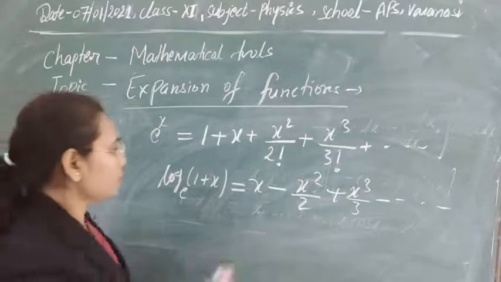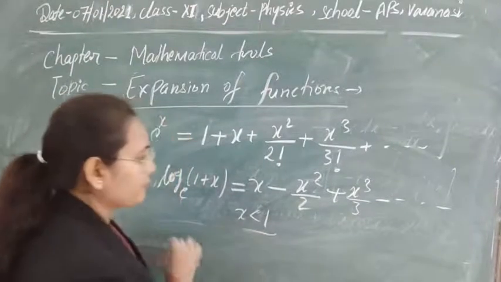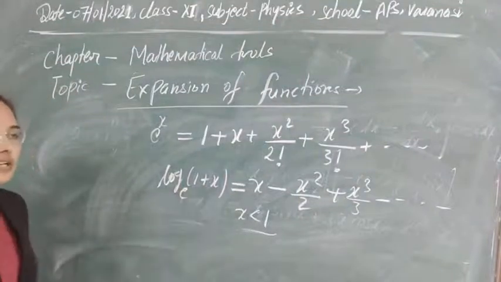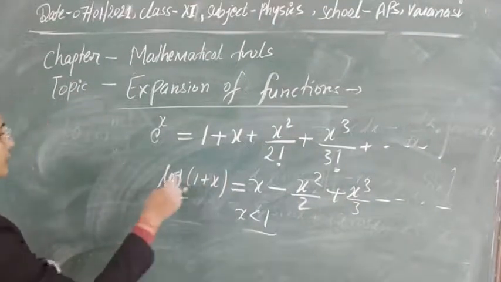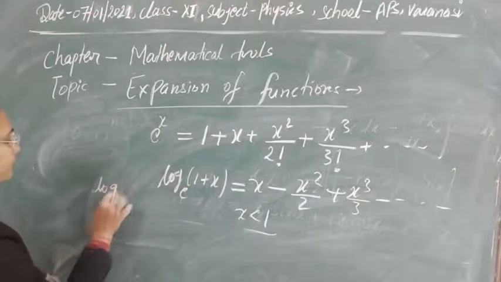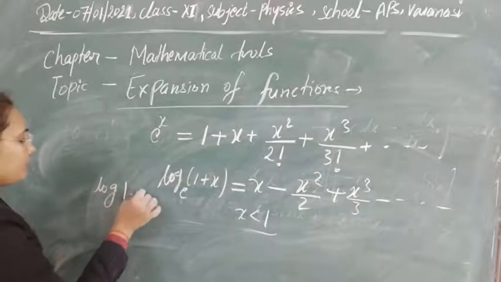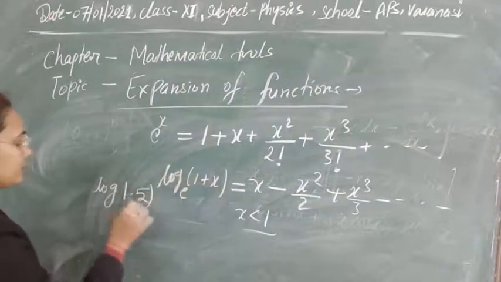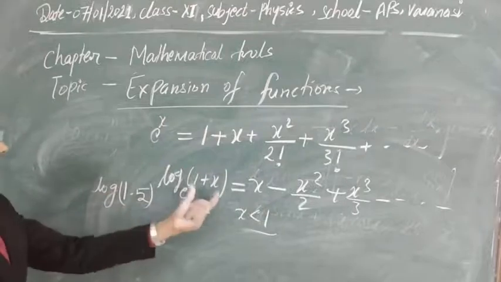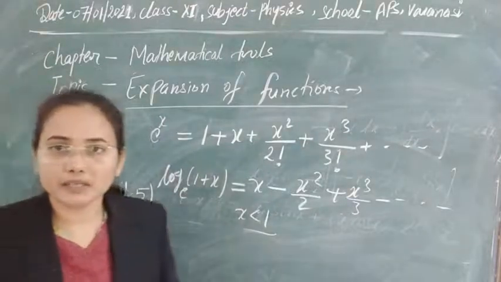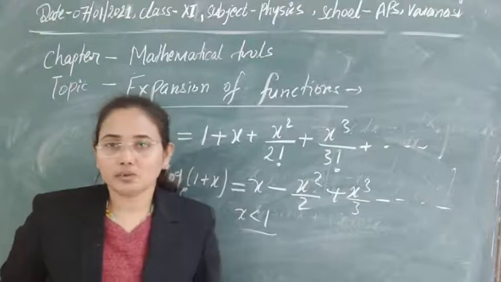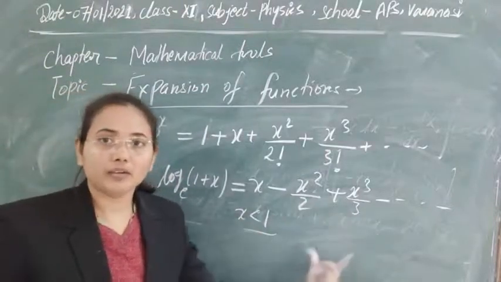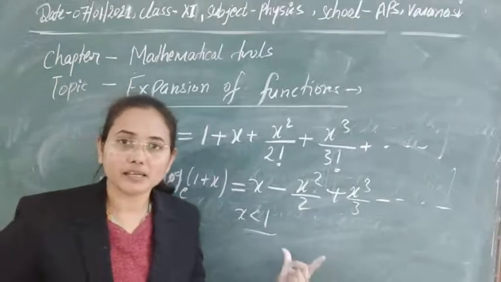In this case x is less than 1. Whenever you have the value of x less than 1, suppose you have to calculate the value of log 1.5. You can find out its value with the help of a log table also, but if a log table is not provided to you, in that case you can use the algebraic way to expand this and solve it.